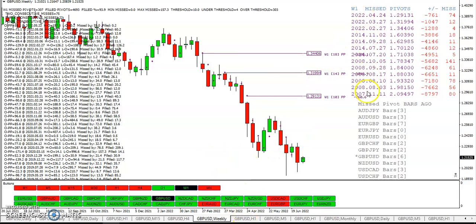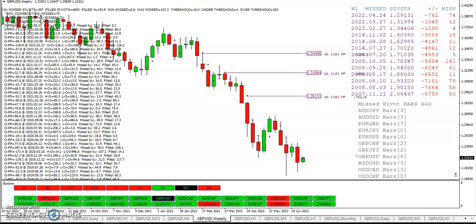So does this make you any money, this indicator? No. What this indicator does, it displays where the missed pivots are. And you can see just looking here, it's like, well, wow, these missed pivots are kind of a rare occurrence. So maybe if I fade them, I could make money.